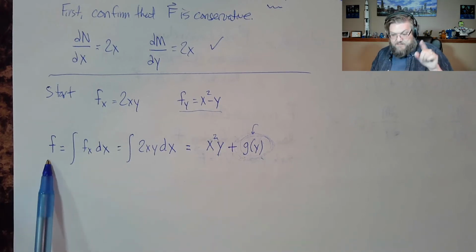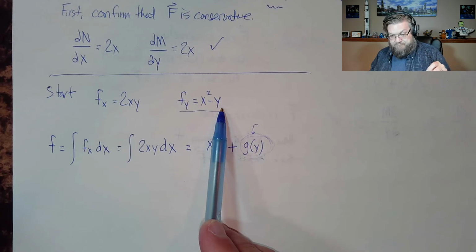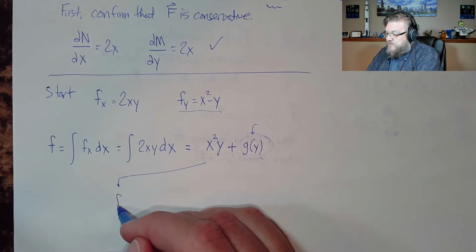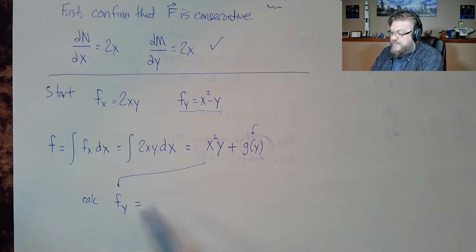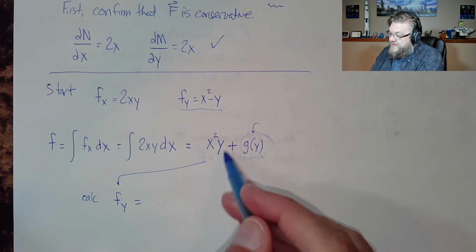So when I take its partial with respect to y, it better match that. Right? So here's what I'm going to do. I'm going to take this and I'm going to calculate fy from my little f that I calculated here. So take the derivative of this with respect to y.